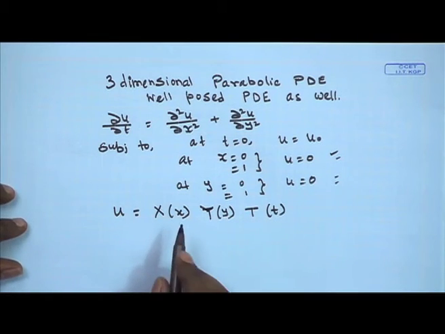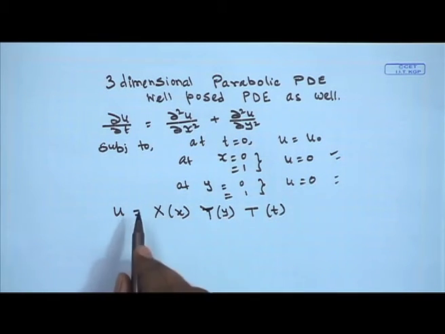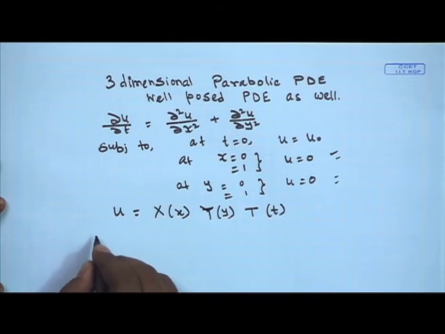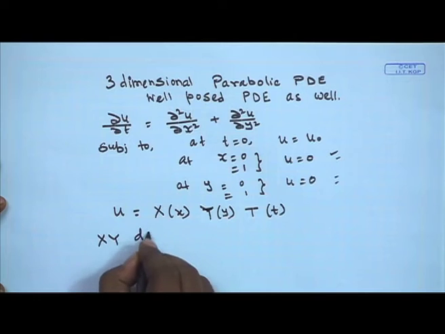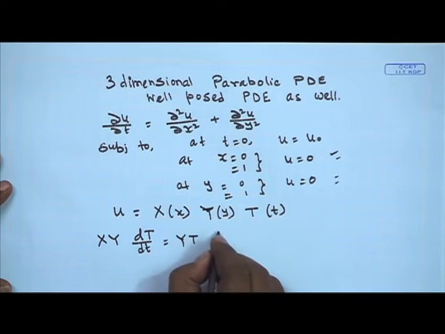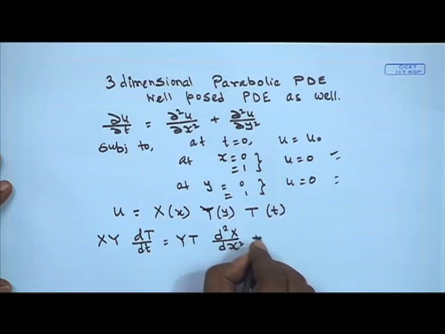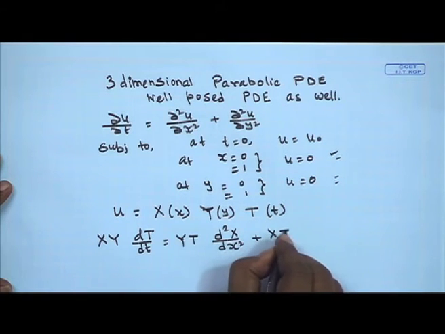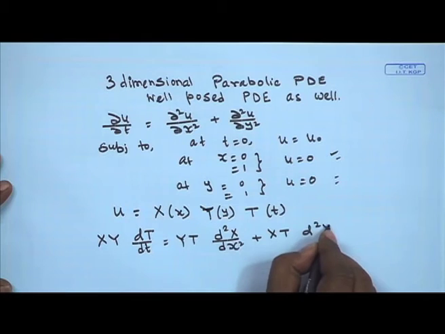And then we substitute this solution into the governing equation, and let us see what we get. X Y dT dt is equal to Y T d square X dx square plus X T d square Y dy square.